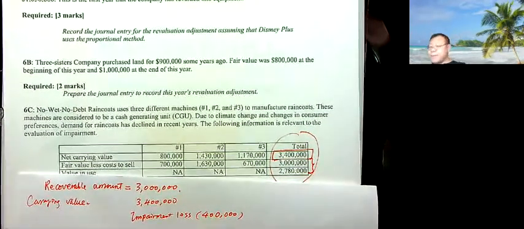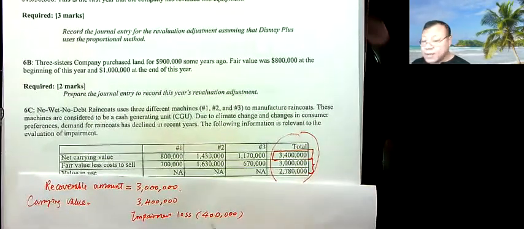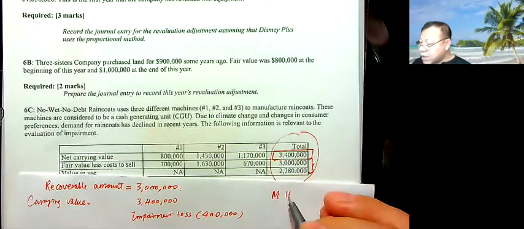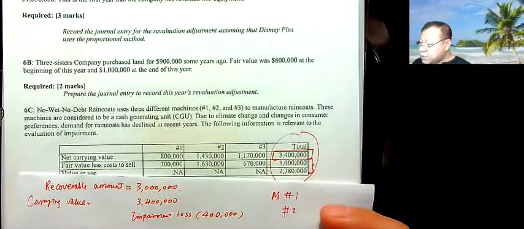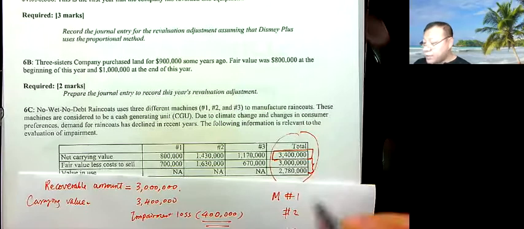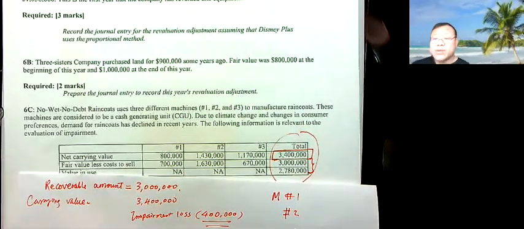right? The next step is that I'm going to allocate this to machine 1, 2, 3. How should I allocate this 400,000 impairment loss among the 3 assets, right? Remember, if there's goodwill, first try to allocate everything to the goodwill.